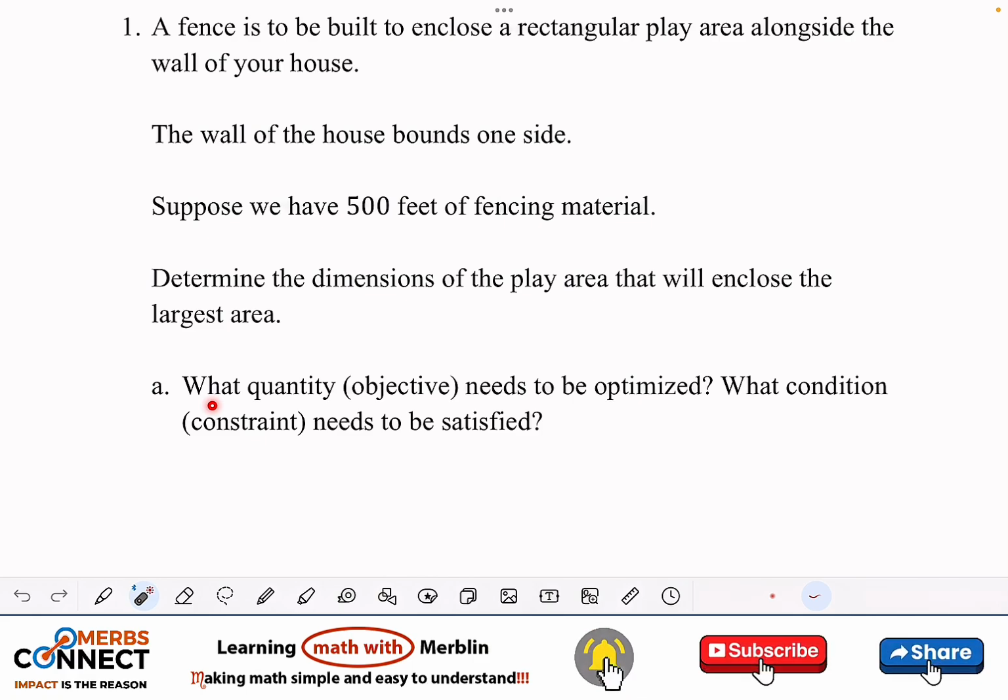So the first question I just asked you was: what quantity, that is the objective, needs to be optimized, and what condition, that is the constraint, needs to be satisfied. If we're able to identify the objective and constraint, I think you are good to go, right? So the objective here is to maximize the area of the rectangular play area.